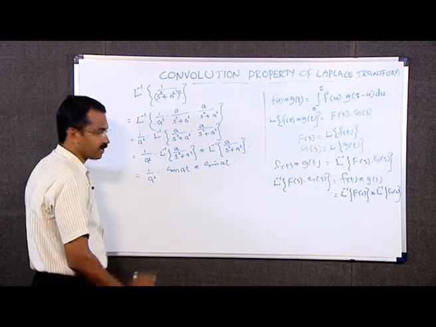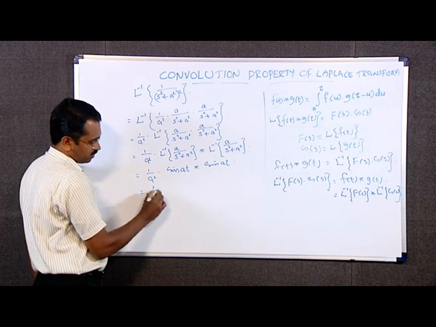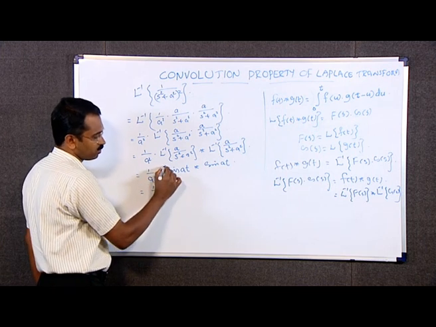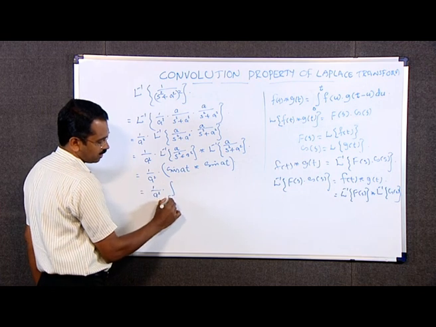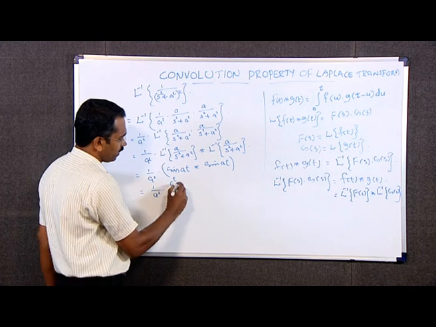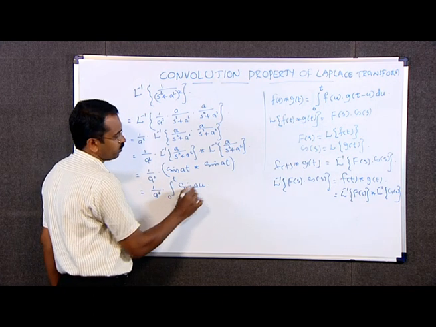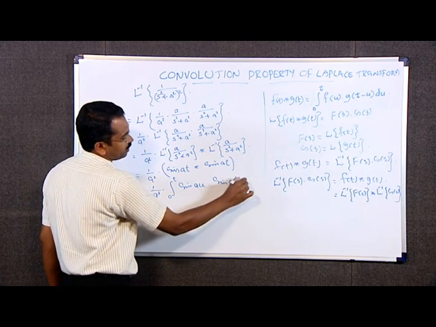By the definition of convolution, we can write this as 1 by a square into integral from 0 to t sin au into sin a t minus u du.